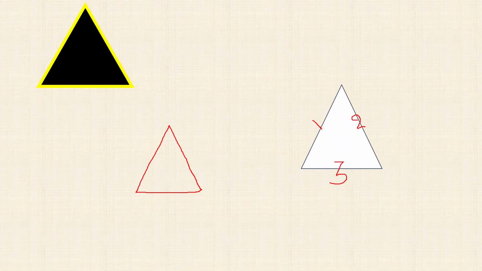So after that we got the corners. Where the first stick is attached with the other one, we got the first corner. Where the first stick is attached with the second one, we got the second corner, and where the second is attached to the third one, we got a third corner.